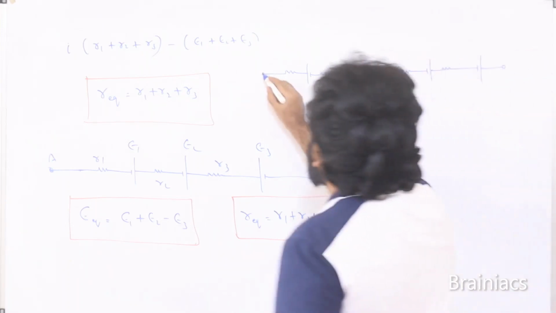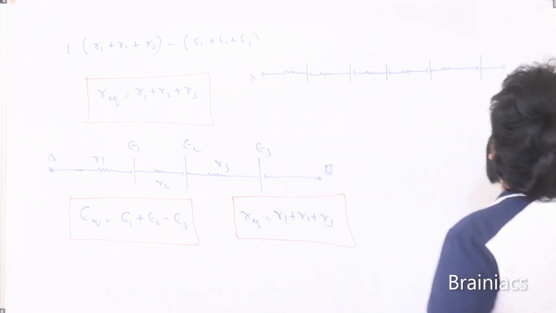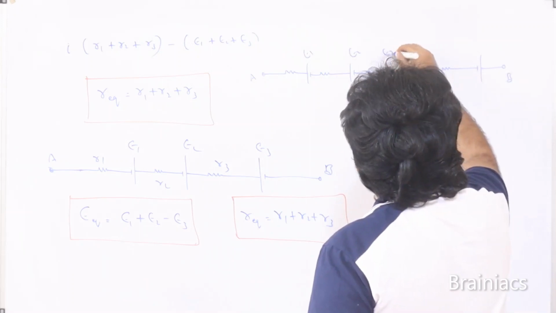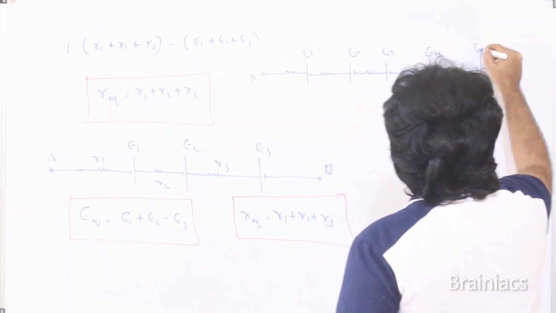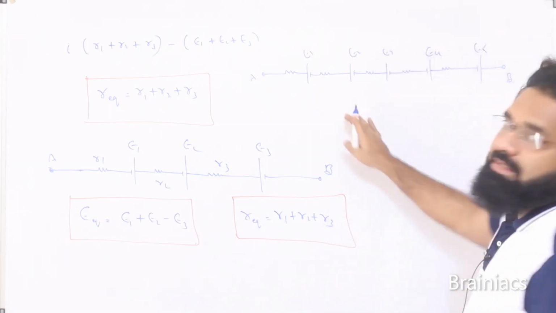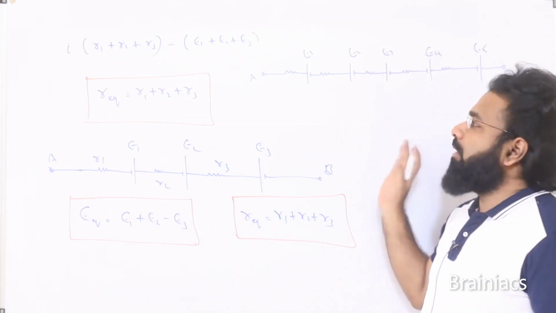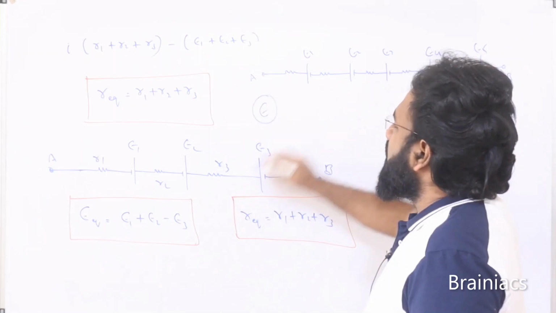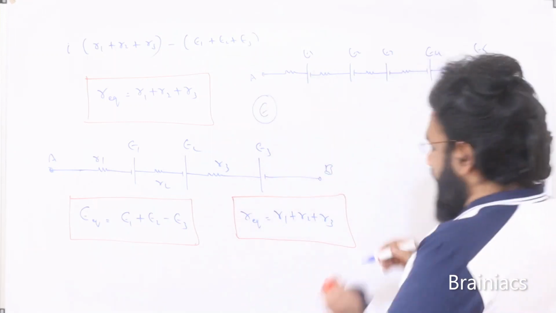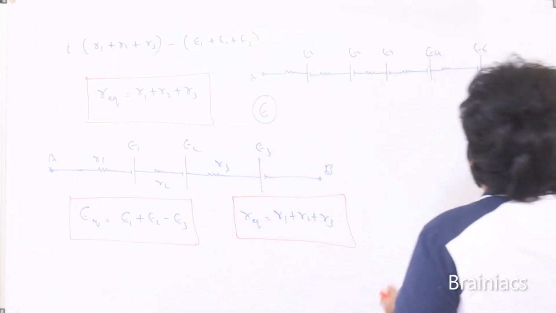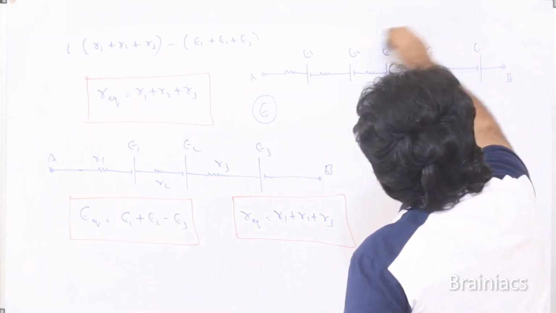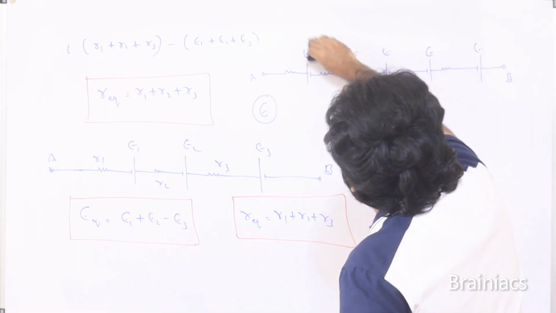So A and this is B. So E1, E2, E3, E4, E5. Now all these E1, E2, E3, E4, E5 have the same EMF, say for example E. So we'll mark like that. They are all with the same EMF E.